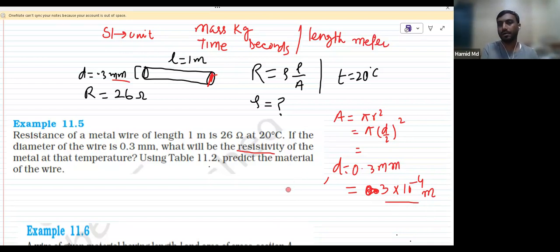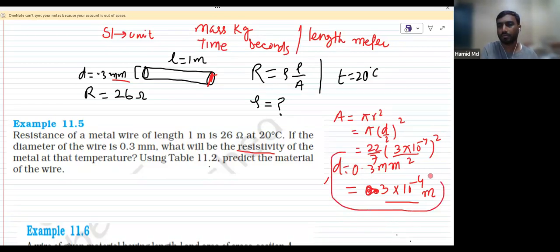Clear? No issue? If we substitute all these, you may keep the value of pi as 22/7, and D is now 3 into 10 to the power minus 4 divided by 2, square of it, right?